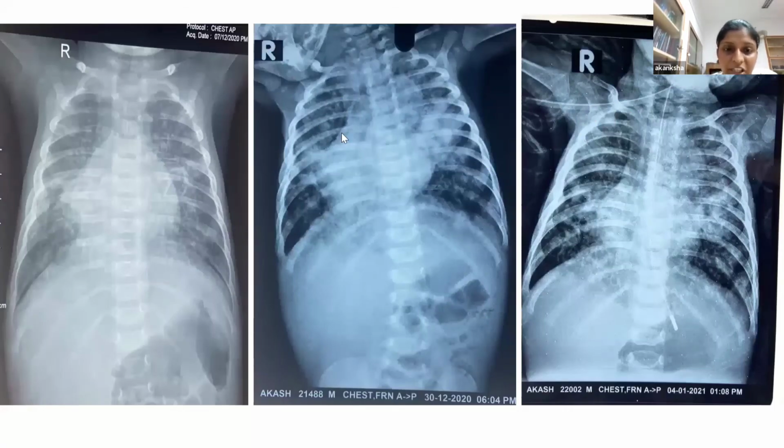Chest X-ray was done. Chest X-ray of this patient was suggestive of bilateral pulmonary infiltrates along with finger in glove appearance, suggestive of mucoid impaction in bronchus.